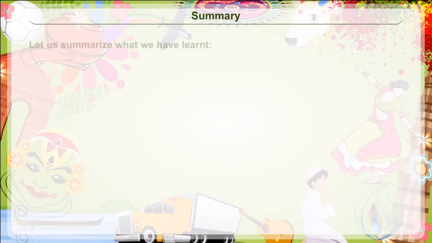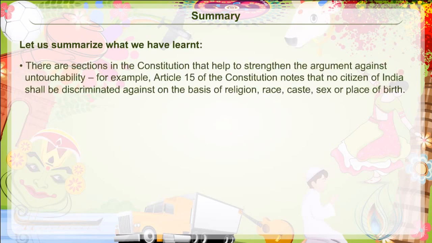Summary. Let us summarize what we have learned. There are sections in the Constitution that help to strengthen the argument against untouchability. For example, Article 15 of the Constitution notes that no citizen of India shall be discriminated against on the basis of religion, race, caste, sex, or place of birth.